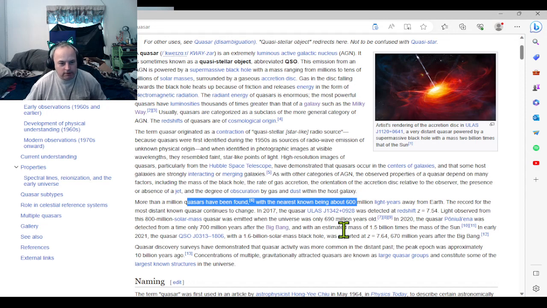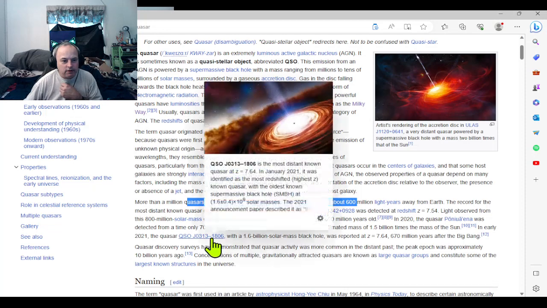In early this year, a 1.6 billion solar mass black hole was reported. So there's a couple of these.